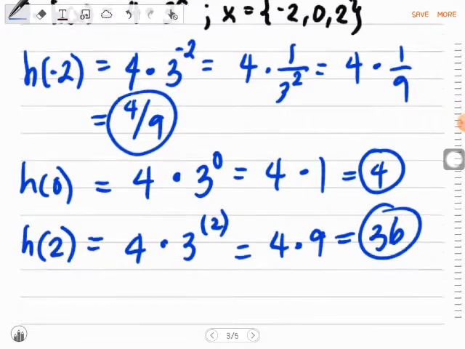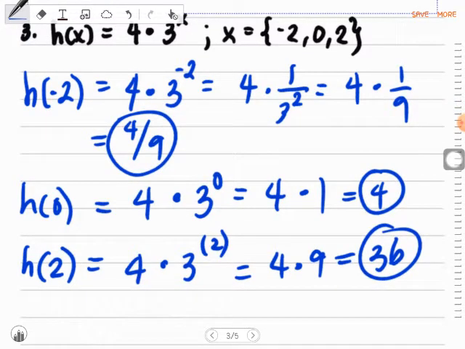So this is now the values of y. Okay? So if we have x there, we have y. And these are x equals negative 2 with 4 over 9, x equals 0 with 4, and x equals 2 with 36. So that is how they look if we view them in table form. Okay?